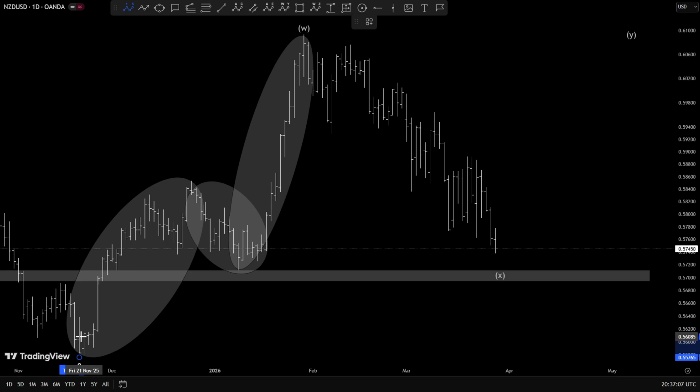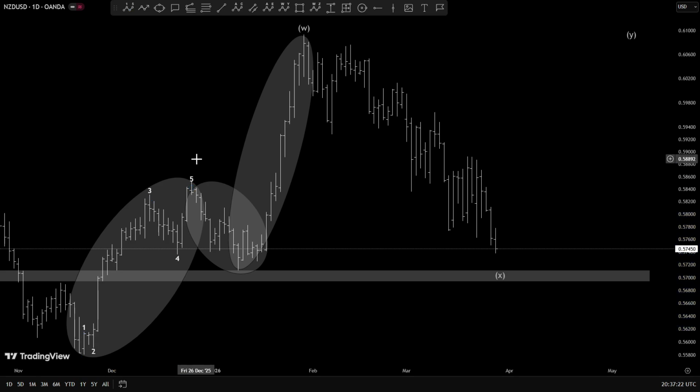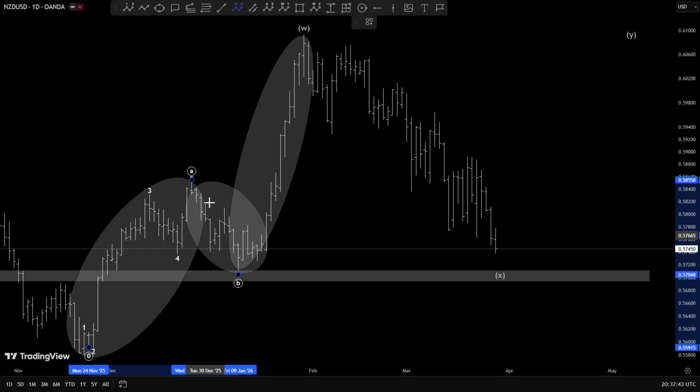Now let's start. This is clearly a wave 1, wave 2, wave 3, wave 4, and wave 5. This wave 5 structure gives us what is called A. After the completion of A, we have a corrective structure which is wave B, and the wave B is in 5, 3, 5.